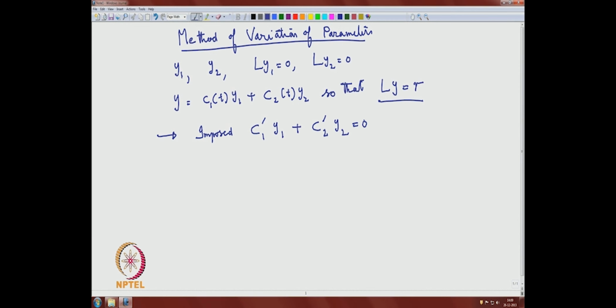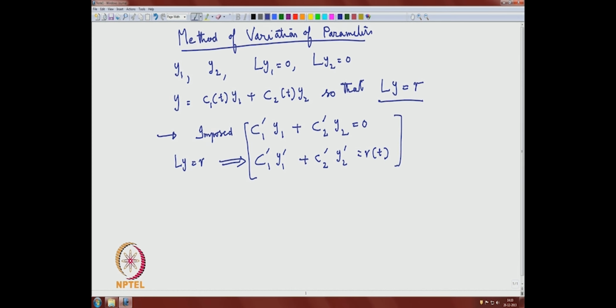Once you impose this condition, then L y equal to R will reduce to the condition C 1 prime y 1 prime plus C 2 prime y 2 prime equal to R t. So, we have two equations in two unknowns. Here C 1 prime and C 2 prime are the unknowns, and y 1, y 2, y 1 prime and y 2 prime are given.